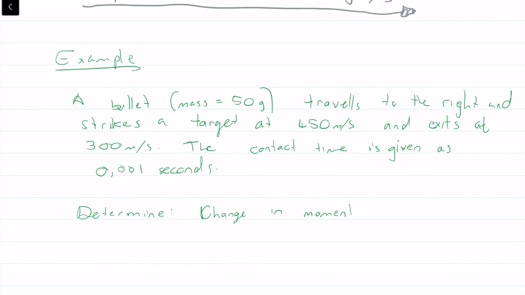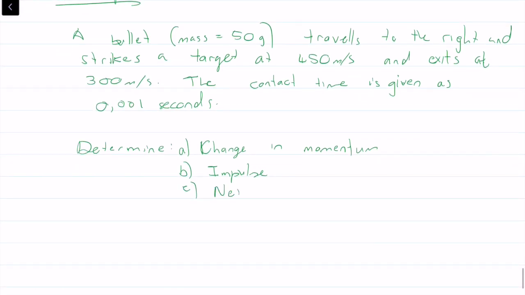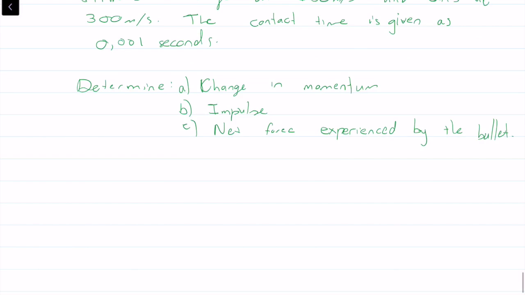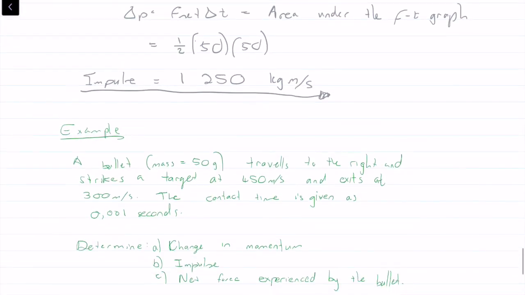Then the second thing that we want to calculate is the impulse. And the third thing we want to calculate is the net force experienced by the bullet. Okay, so let's get into that.